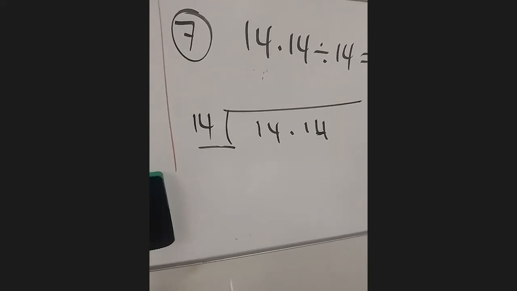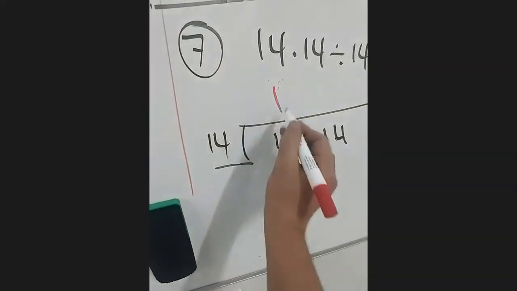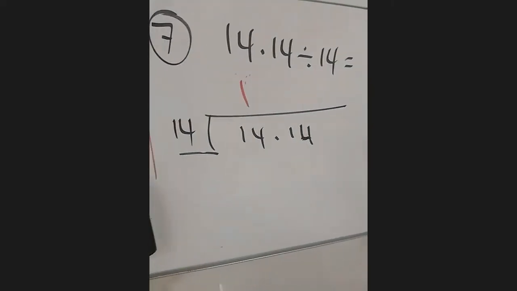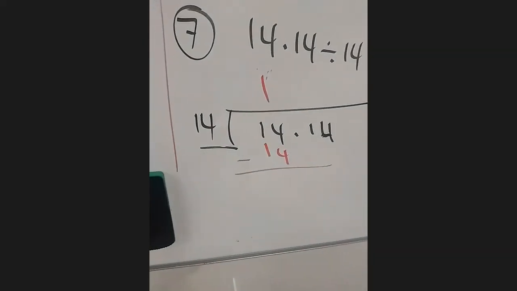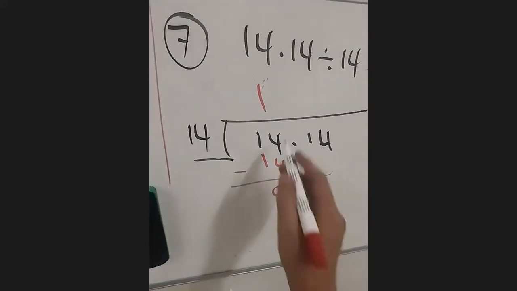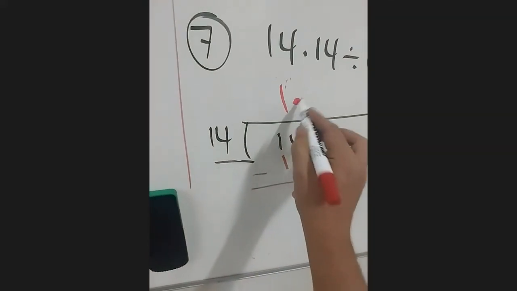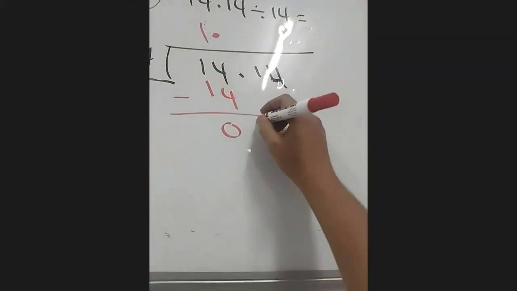So 14 divided by 14, 1. Excellent. 1 multiply 14, 14. Subtract: 0. Nice. Then we will put the decimal up. Put the decimal up. Then put the 1.